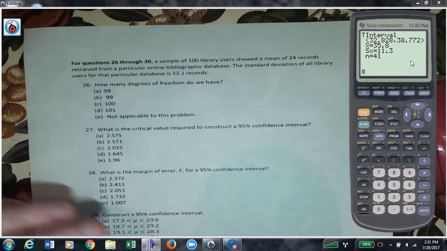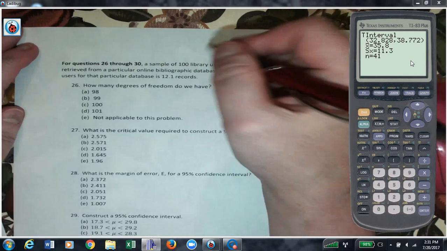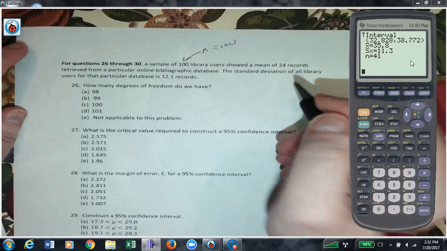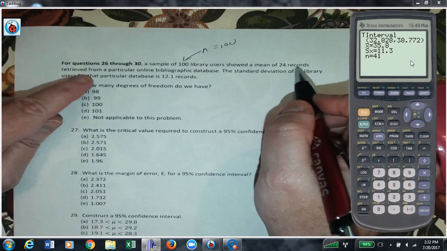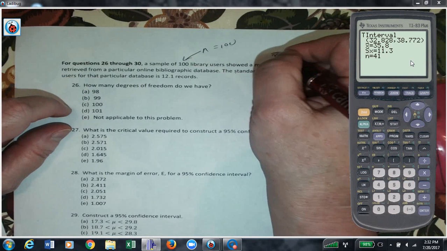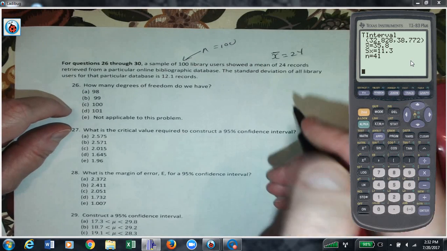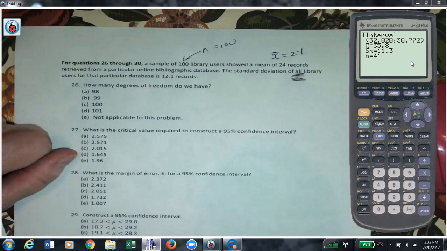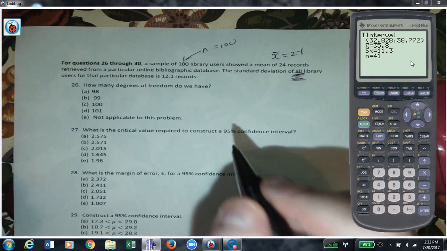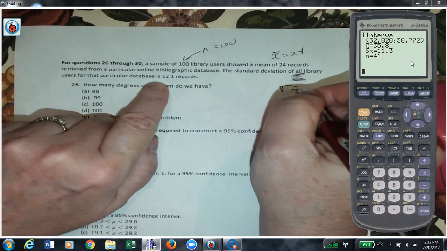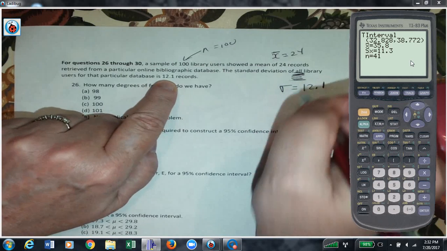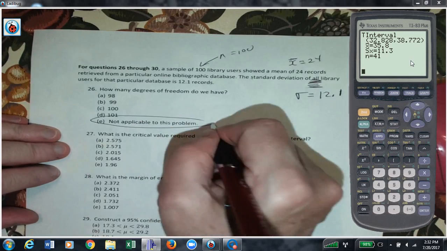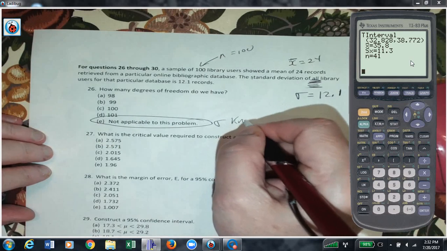All right, now a sample of 100 library users, so that's my N, showed a mean of 24 records. So that's my sample mean. They're telling me what the population standard deviation is, so sigma is known. If sigma is known, degrees of freedom is not applicable to this problem.